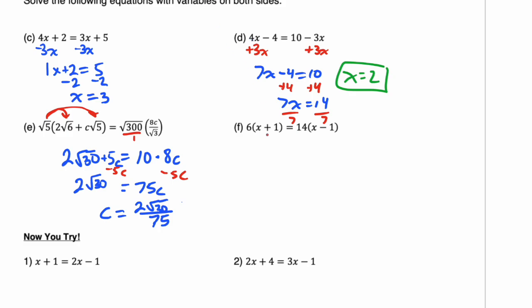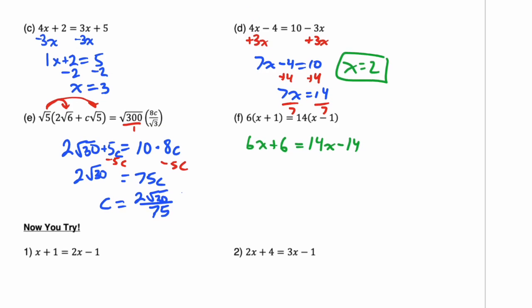Okay, next we have some more brackets. We're going to expand the brackets first. So you get 6x plus 6 equals 14x minus 14. And now we have variables on both sides. 6 is smaller than 14, so I'm going to do minus 6x on both sides.